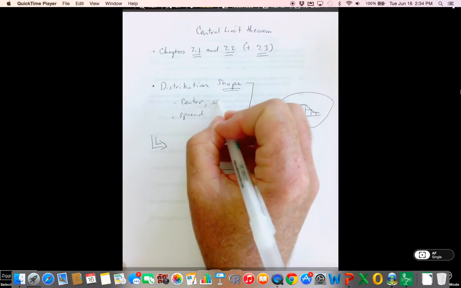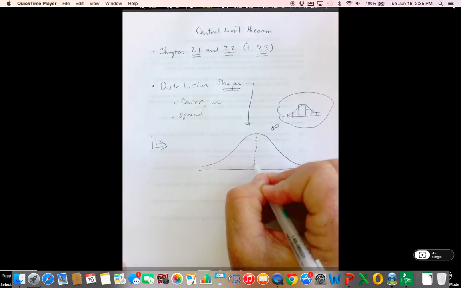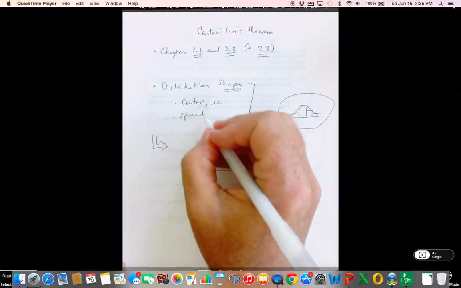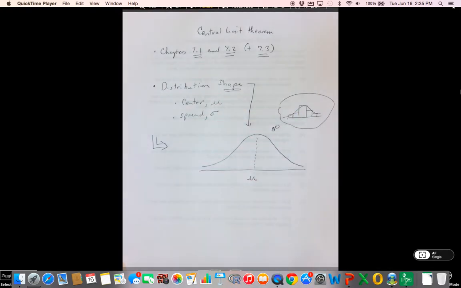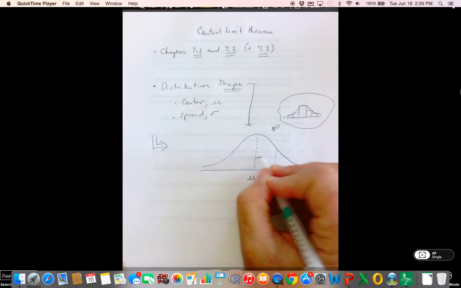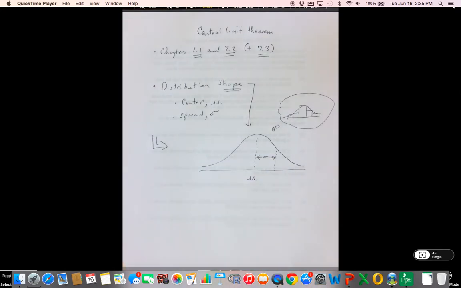Its center was defined by the mean, which we knew the location was smack dab in the center of the distribution. And the spread was defined by the standard deviation, which is that distance we talked about in the previous video, this linear part if you draw a normal distribution correctly.